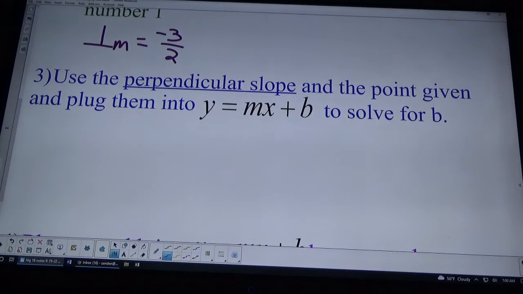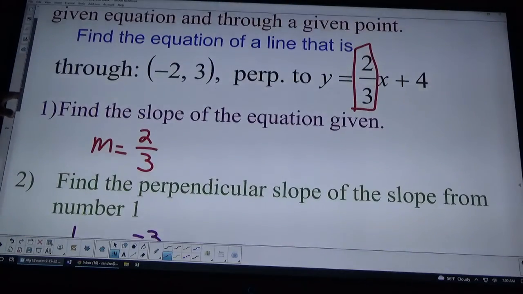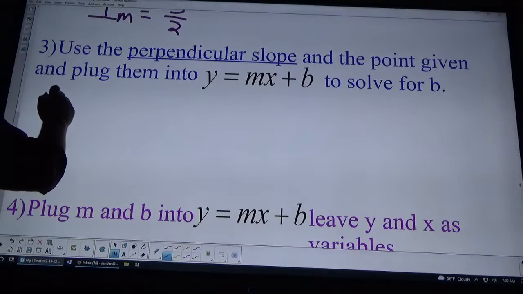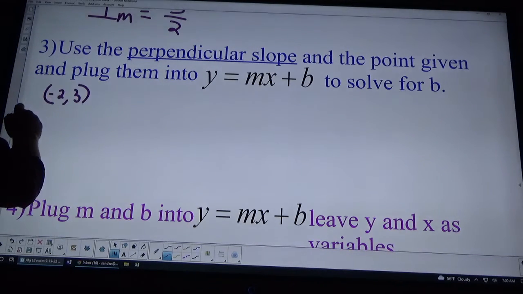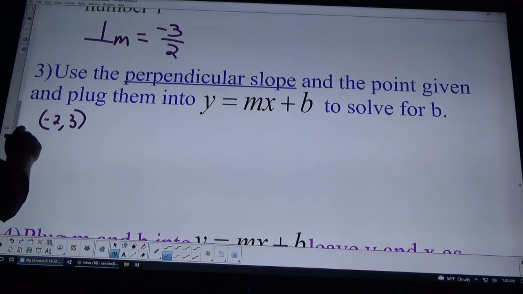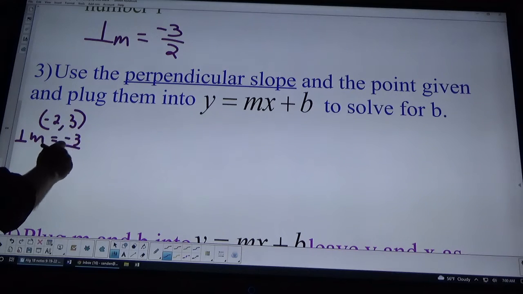So use the perpendicular slope and the given point and plug them into y equals mx plus b to solve for b. The point was negative 2, 3, and the slope that we're using is negative 3 over 2.